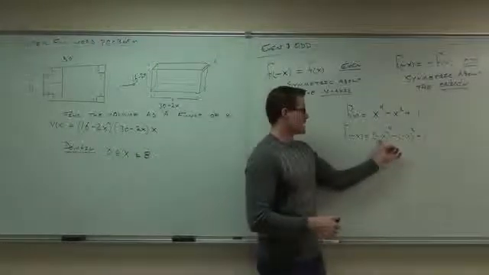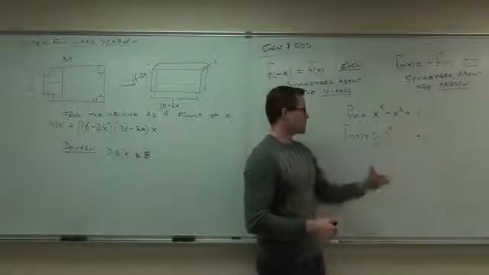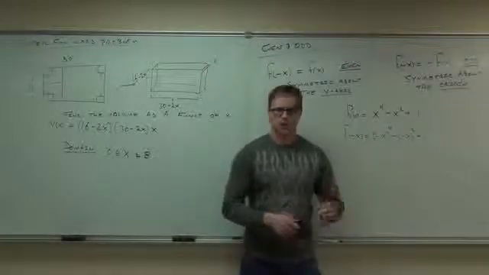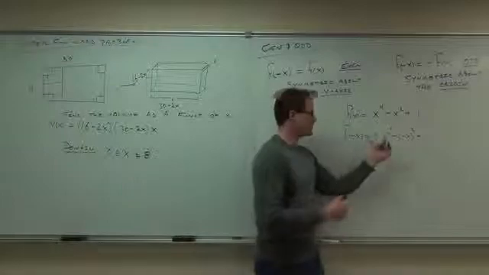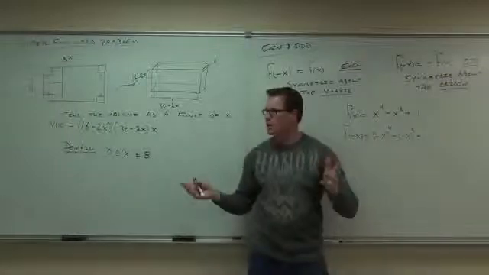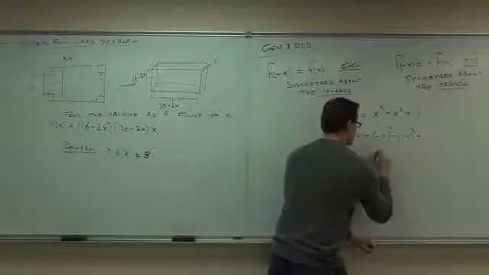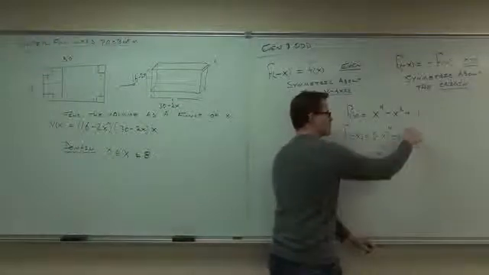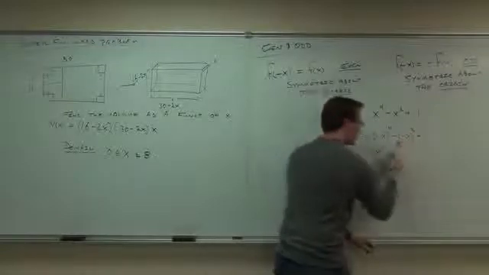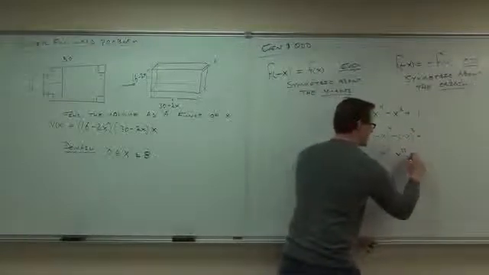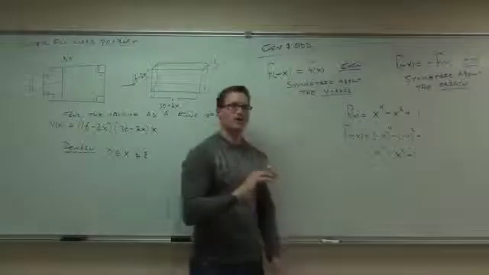How much is negative x to the fourth? X to the fourth, because the negative also gets the fourth power, right? It's going to go away. It's going to become positive. So this is going to become x to the fourth. How much is negative x squared? Minus x squared, and then plus 1. Did we get the same thing back again?